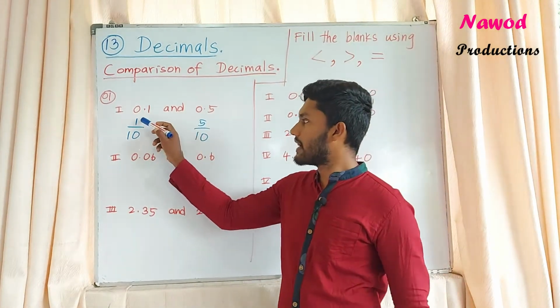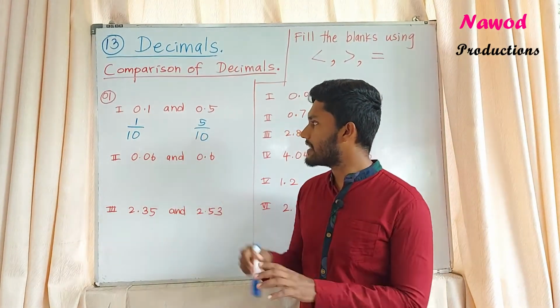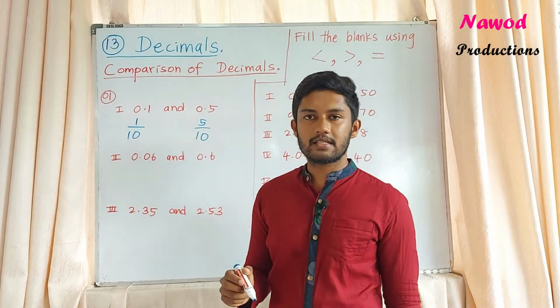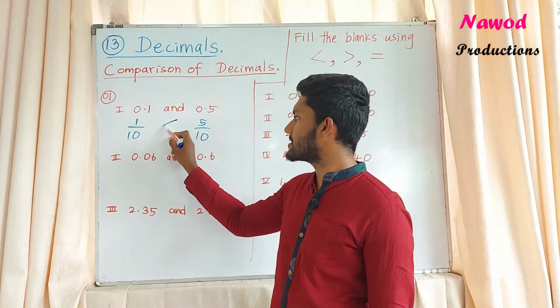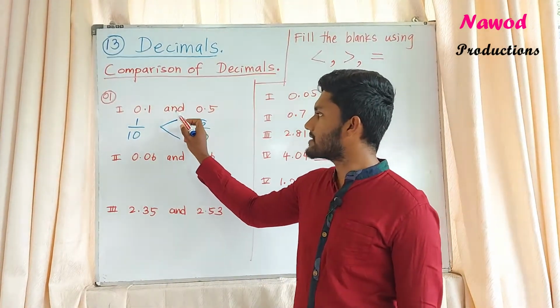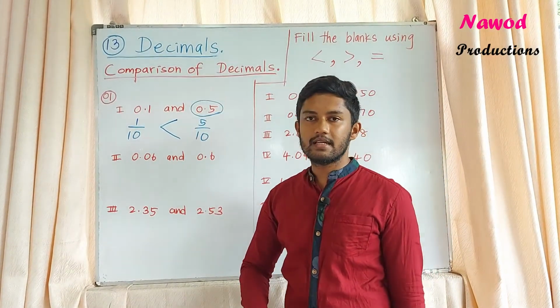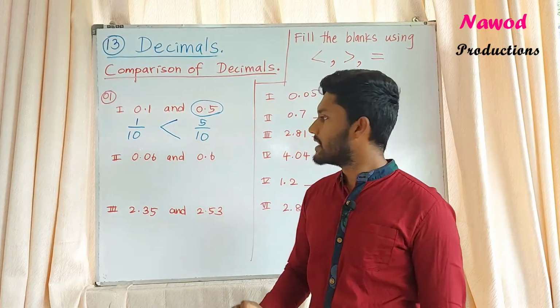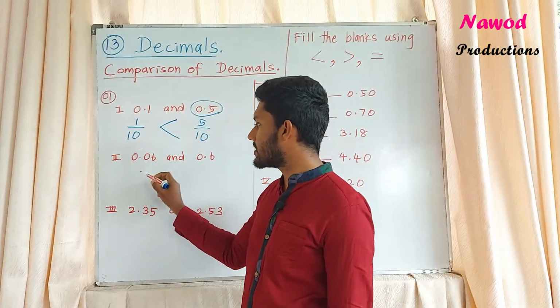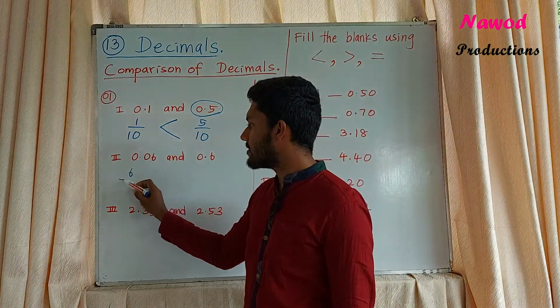Yes. Then 1 over 10, 5 over 10. Then easily we can understand that 5 over 10 is bigger. Then we can say that the bigger decimal is 0.5.